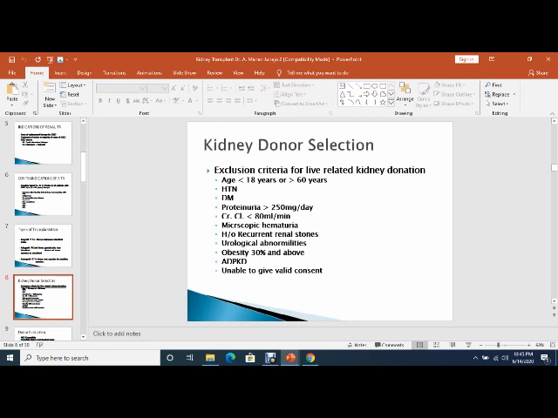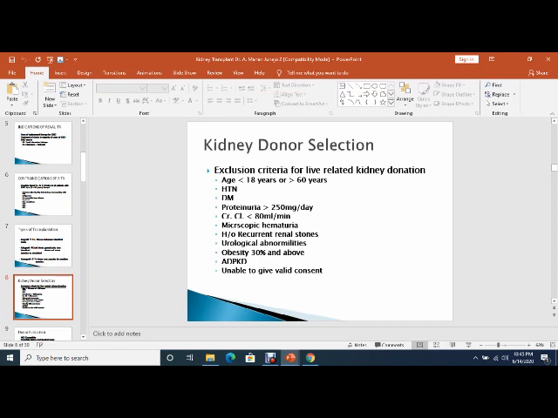Now coming to the selection of the kidney donor, there are exclusion criteria for live related kidney donation. The age: the kidney donor age should not be less than 18 years or more than 60 years. There should be no history of hypertension. The donor should not be hypertensive, diabetic, or have proteinuria more than 250 milligram per day, or creatinine clearance less than 80.